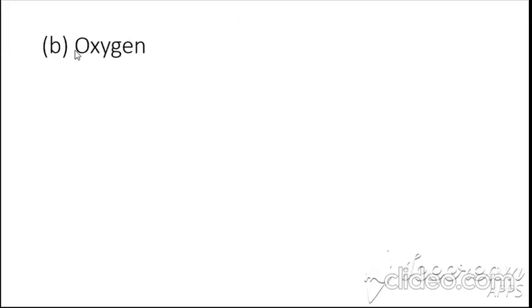Okay, now let's do oxygen. We need to know the symbol for oxygen, which is O, and oxygen has a mass number of 16 and an atomic number of 8. You need to know this, which is very important. So let's start with the symbol for oxygen, which is O. Then first shell should have how many electrons? 2 electrons.